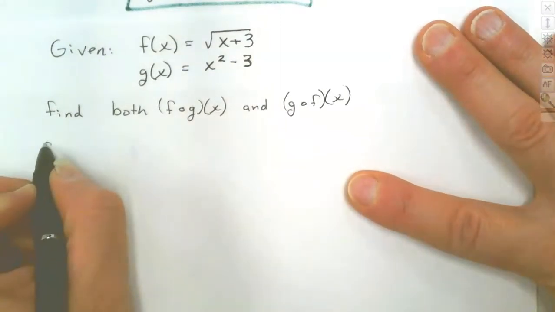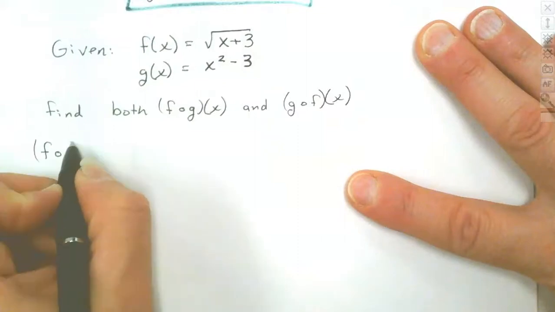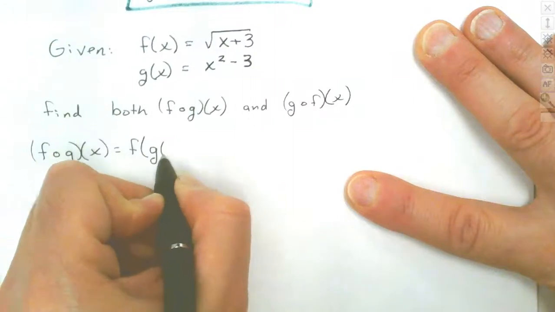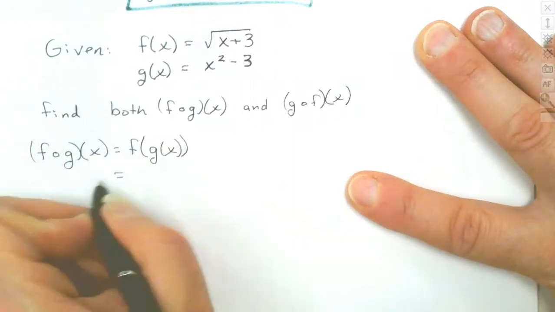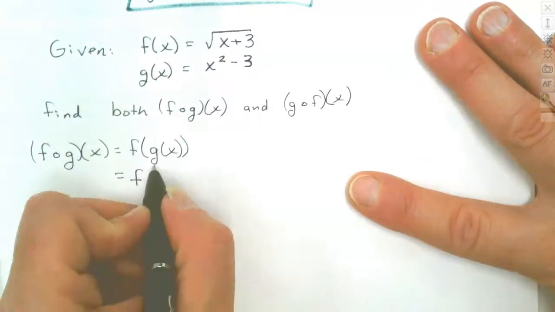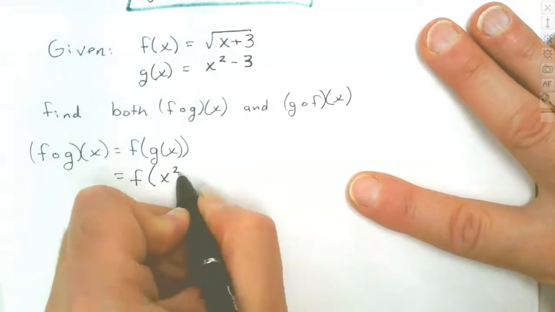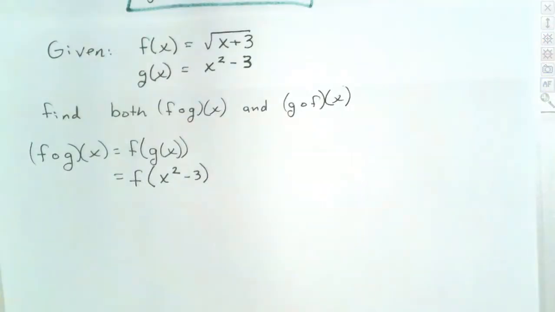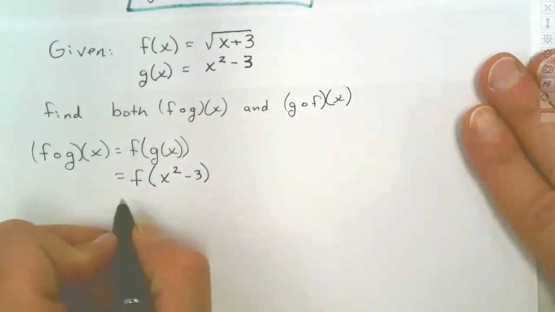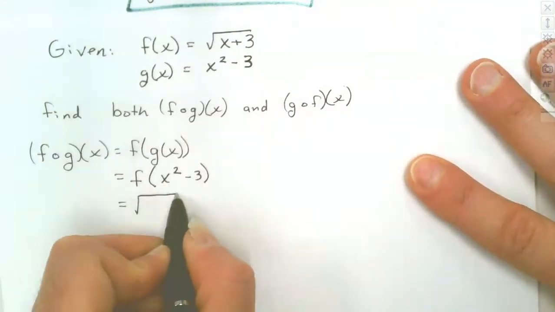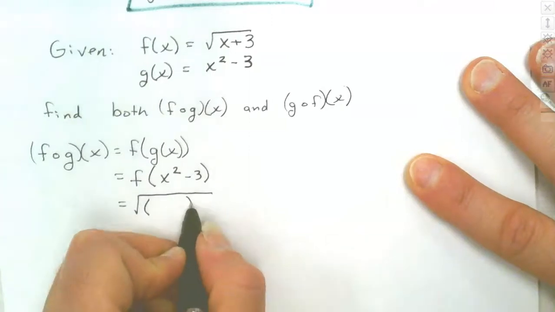So let's begin with f composed with g of x. That is f of g of x. And so we plug in our g of x. And what's our g of x? X squared minus 3, right? So that goes in there in our parentheses. Nothing new. Now we write our f function out, and we're going to use parentheses for that x.